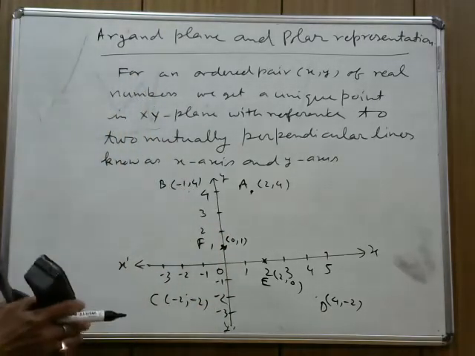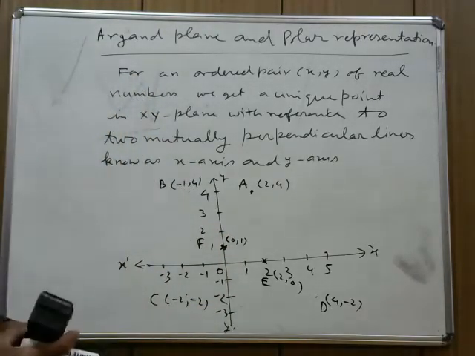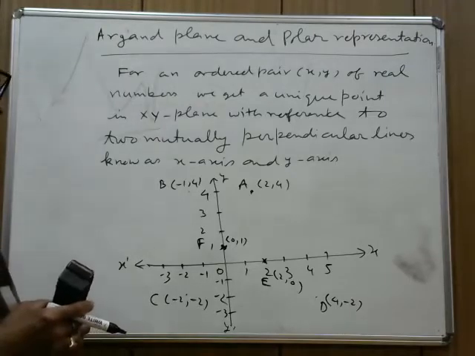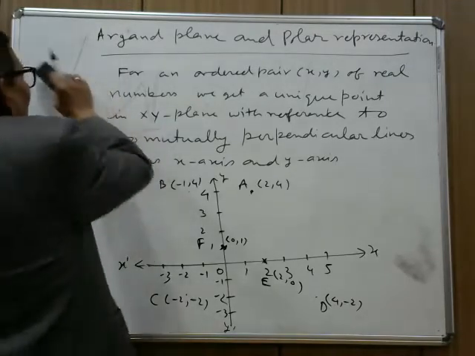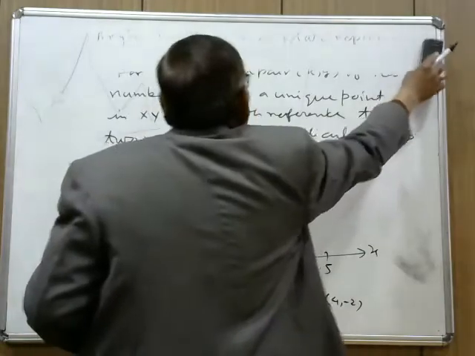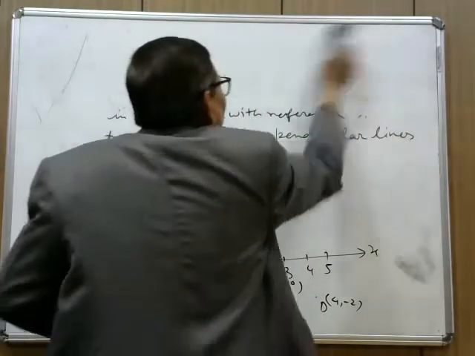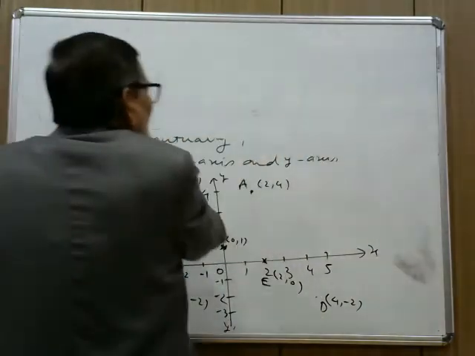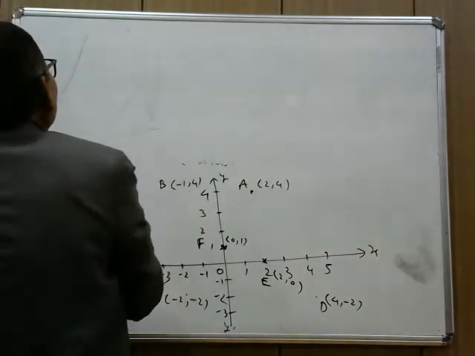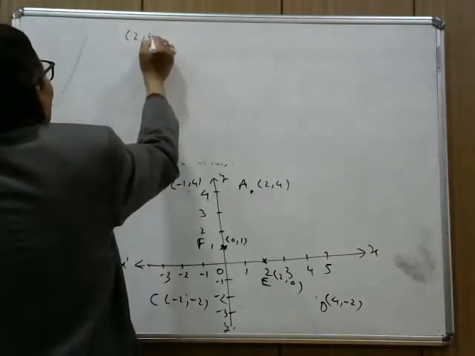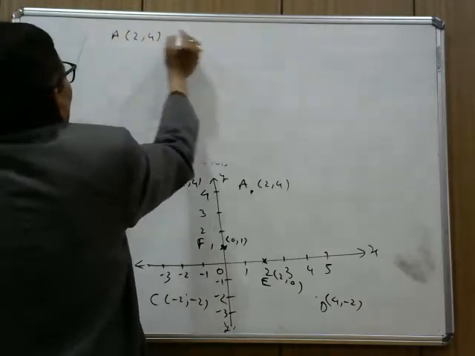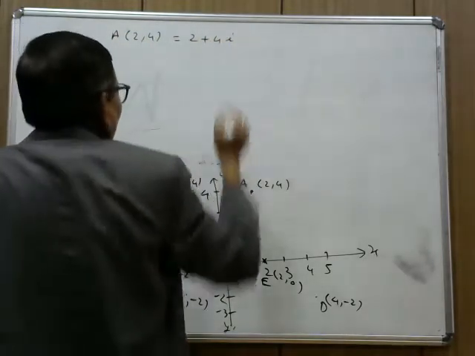Corresponding to the points A, B, C, D, E, F, there are complex numbers. Your A, the ordered pair (2, 4), can be represented as 2 plus 4i.